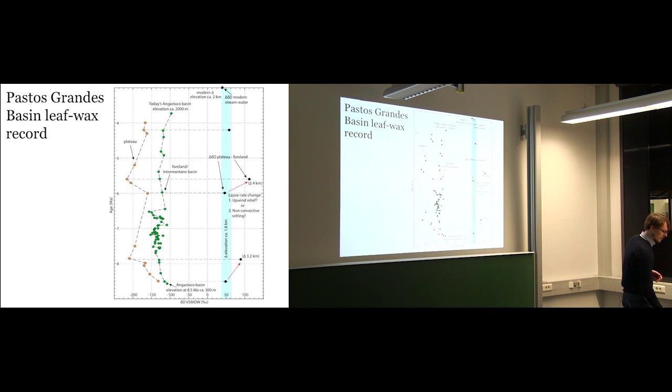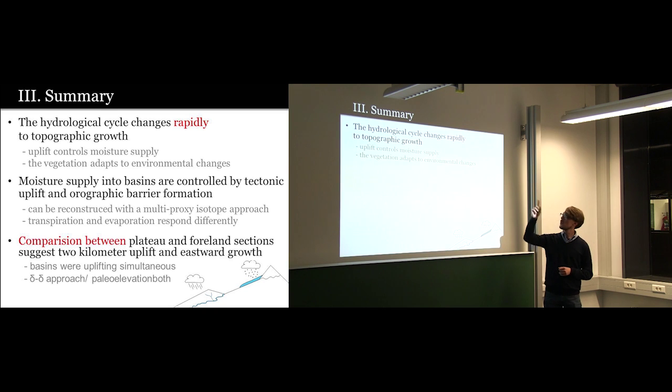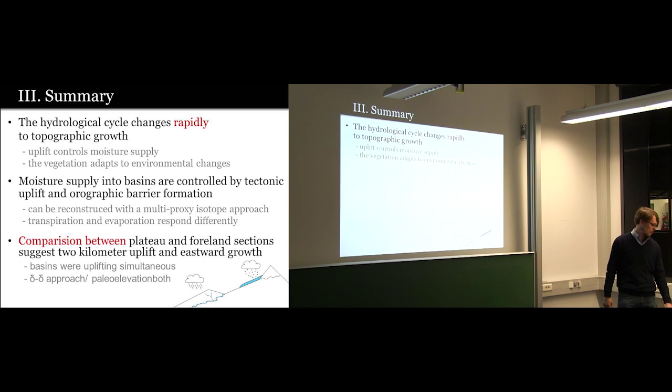So to summarize all this part, the first thing is that the hydrologic cycle in the Angostura Basin responded quite rapidly to topographic growth, especially as it crossed the threshold elevation, and that these uplift controls moisture supply into these intermontane basins and then into the plateau itself, and that the vegetation adapts quite quickly to these environmental changes.